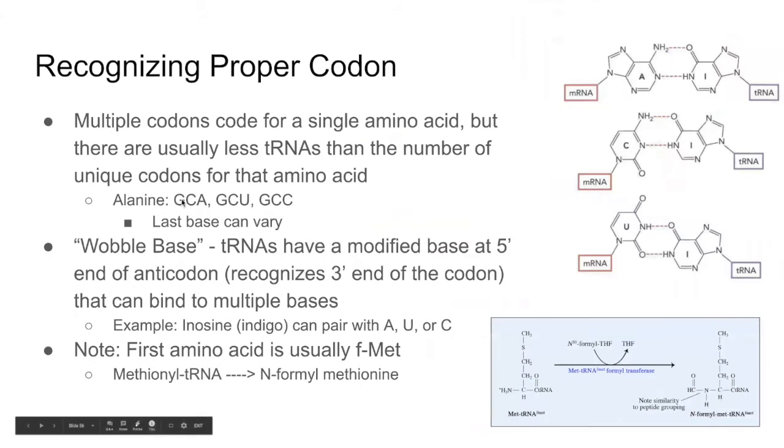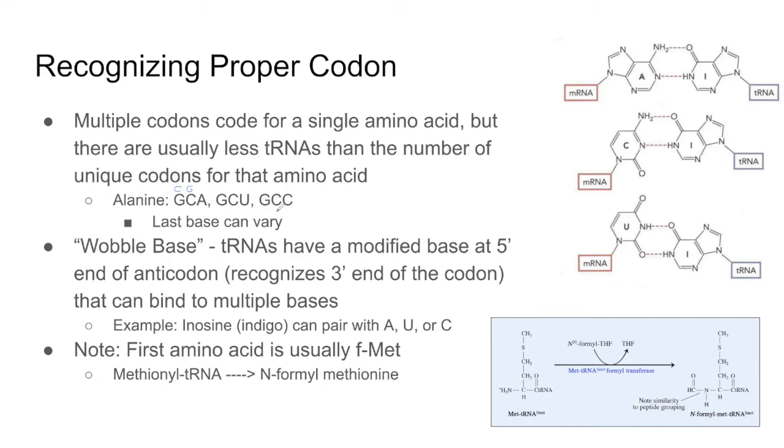If you have a G right here and you want to bond to that, then you can have a C. If you have a C, you want to have a G. And for the last base, you want it to bind to multiple ones.